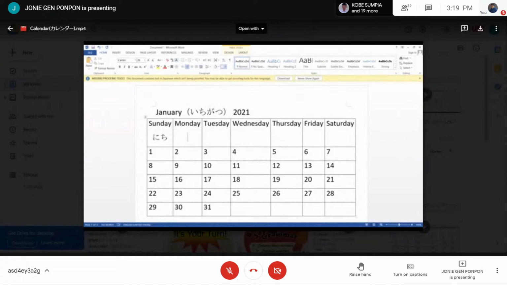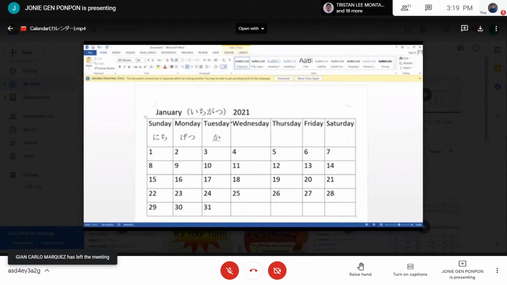Let's go to Monday. The word before yobi is getsu. So getsu plus yobi is getsuyobi, meaning Monday. Next, for Tuesday, the word before yobi is ka. Ka plus yobi is Tuesday in Nihongo.